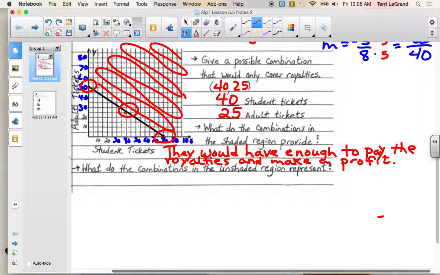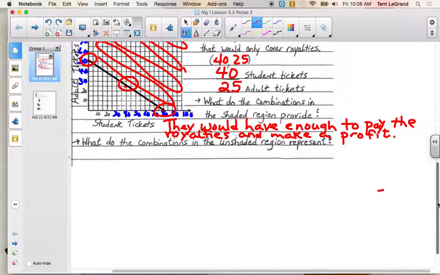So in reality, you could say, you're going to make a profit, okay? Profit means you pay for all your expenses and you still have some money left. So it means we're spelling it out a little bit more.